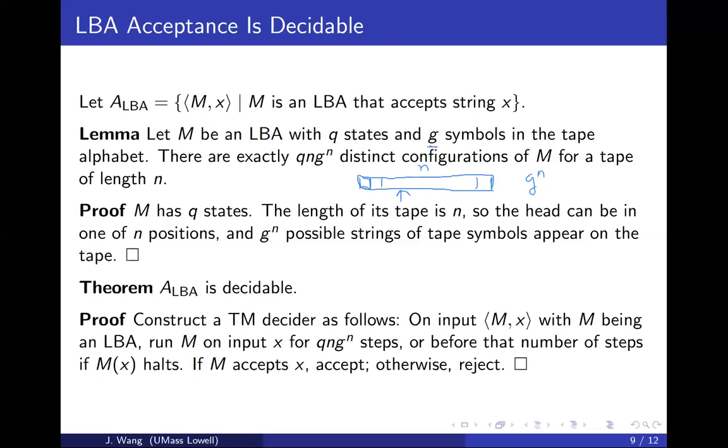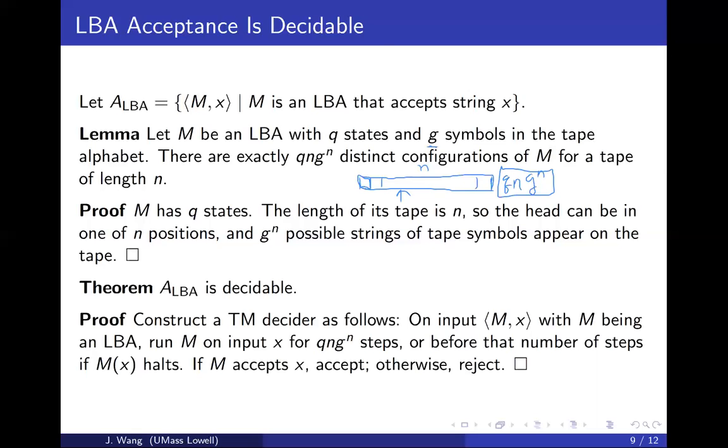So you have q states and n locations. Then the total number of different configurations is exactly the number of states times the number of locations times the number of possible tape contents of length n, that's g to the n. The proof for this lemma is straightforward.